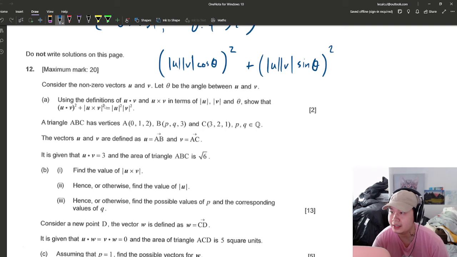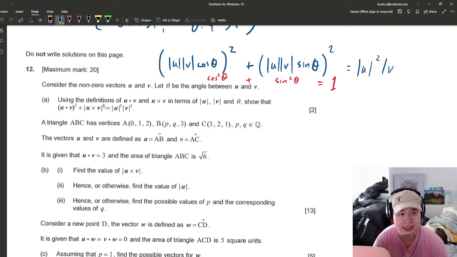Then this is cosine squared and this is sine squared, so we know that these add up to 1. All you're left with is the squared magnitudes, and if you factor them out, you get this. So now we've shown that this is true.